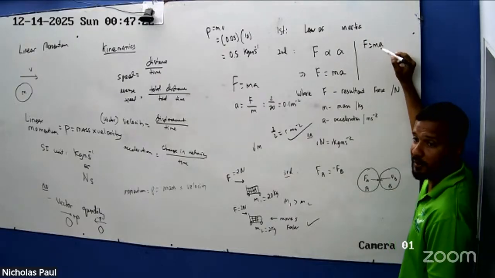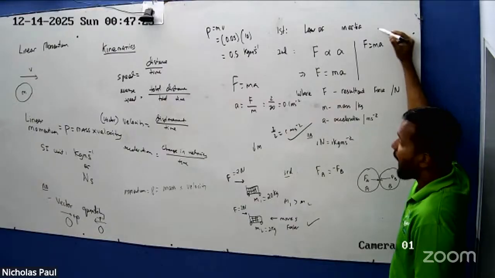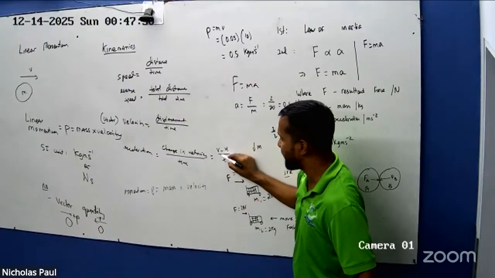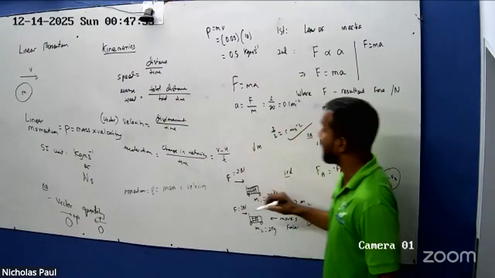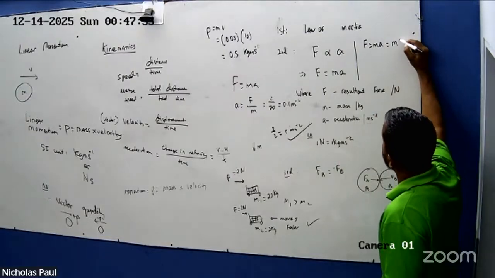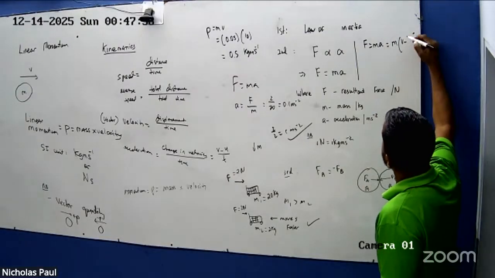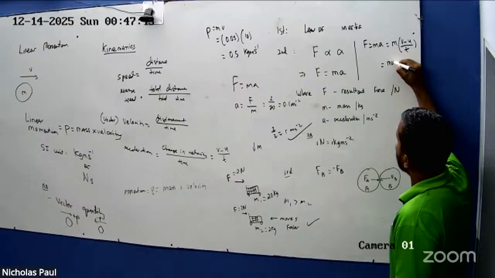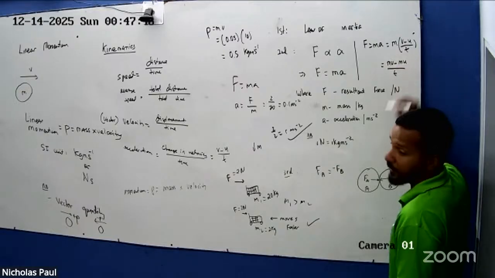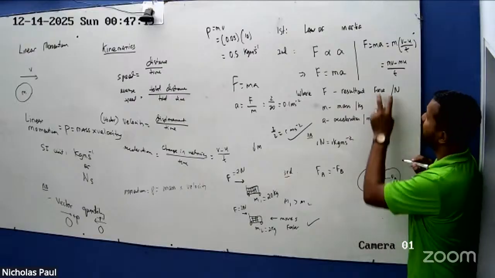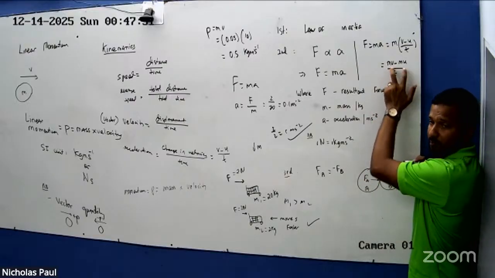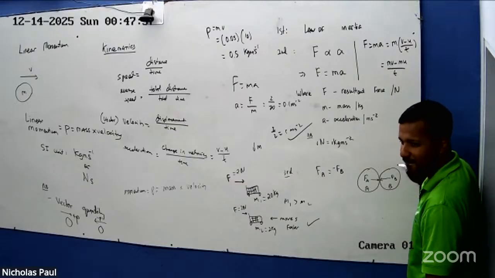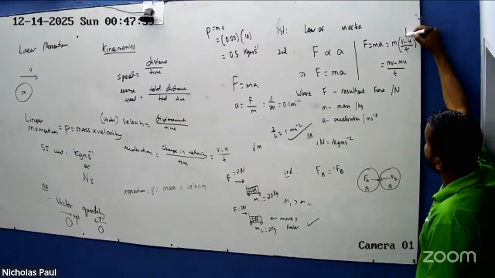Remember, we learned that F is equal to ma, and that a is change in velocity over time. So I could also write it as final velocity minus initial velocity over t. If I put that in here, watch what will happen. I will end up with mv minus mu on t. Anybody can guess what this is? Well, remember, this is acceleration.